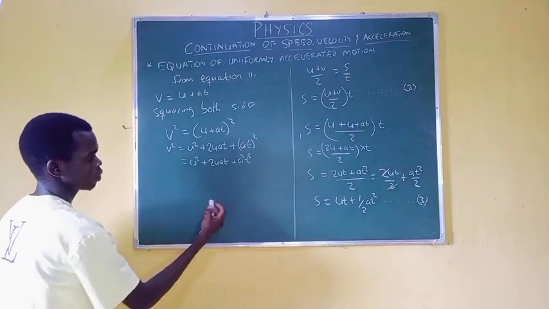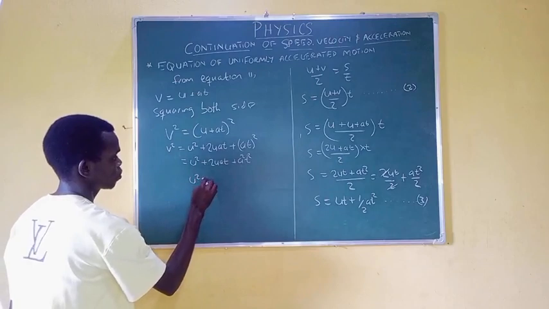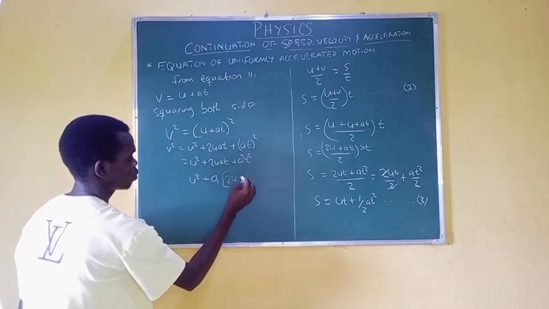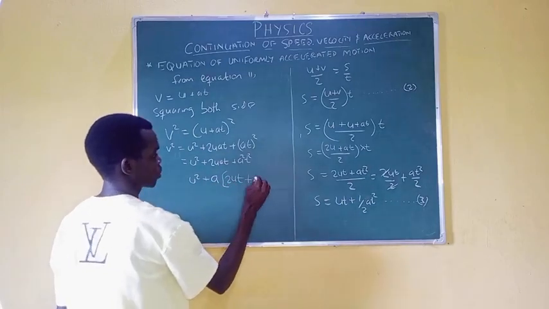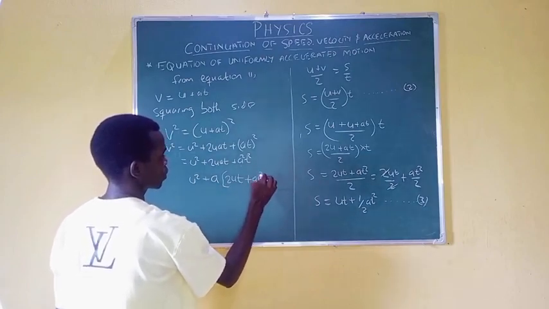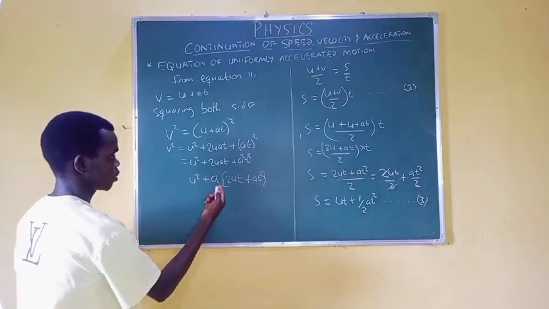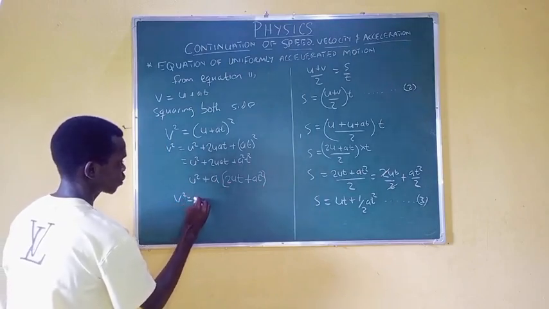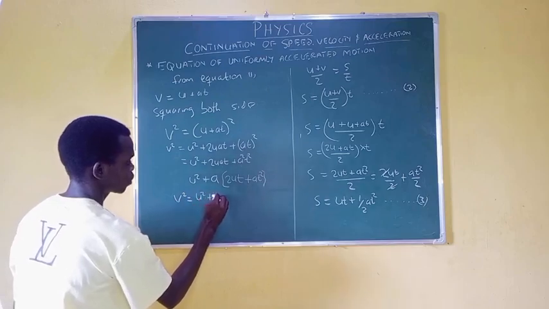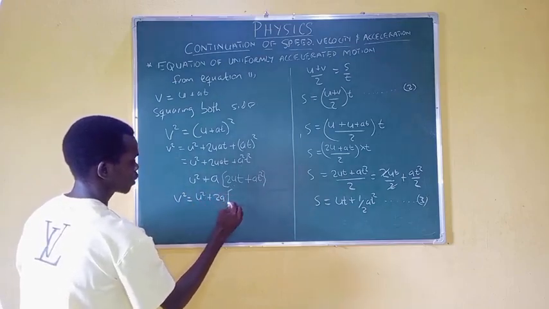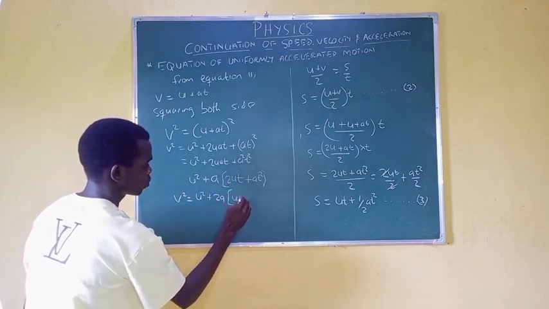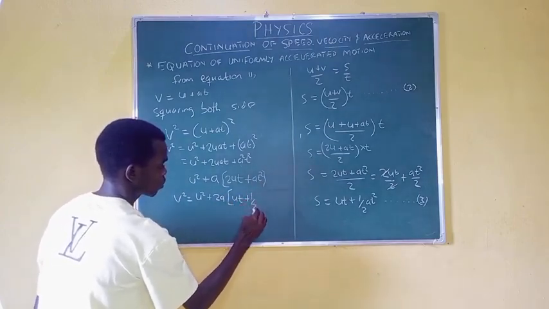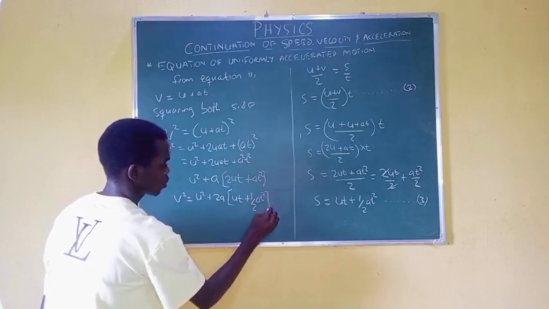Removing the common a, we now have u squared plus a times (2ut plus at squared). From here, you can bring out the 2 from the bracket. Now it becomes v squared is equal to u squared plus 2a times (ut plus half at squared).